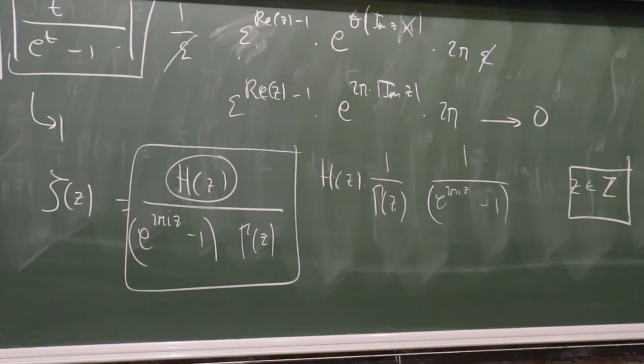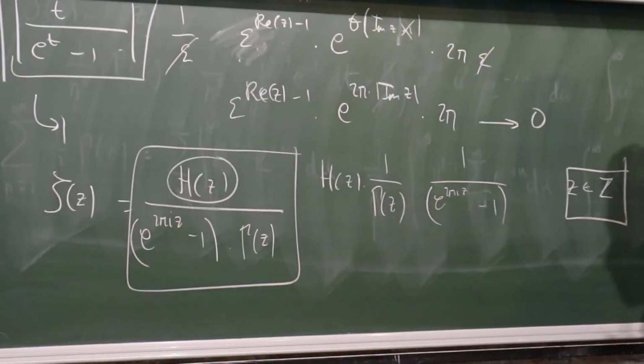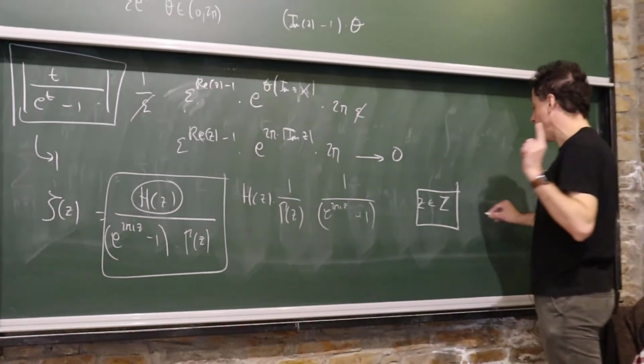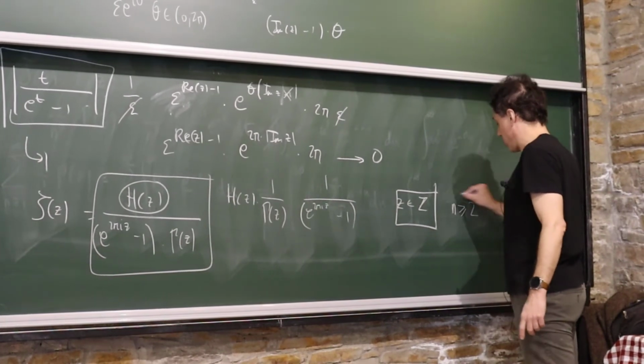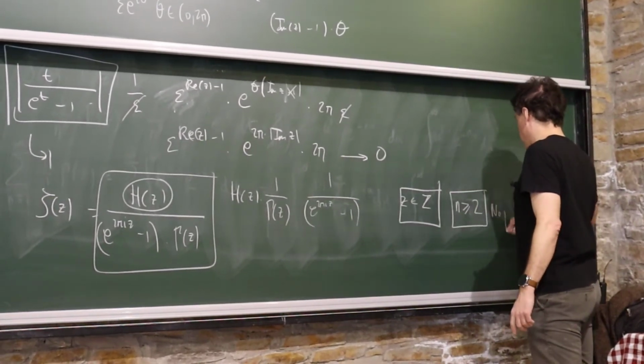Well, for the positive integer numbers, we already know that this function has no poles. I mean, if z is a natural number greater than or equal to 2, there is no pole here. The function is well defined.